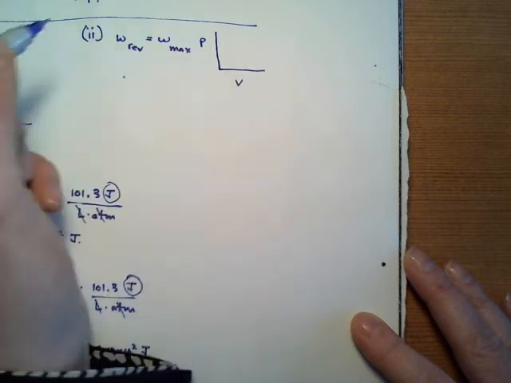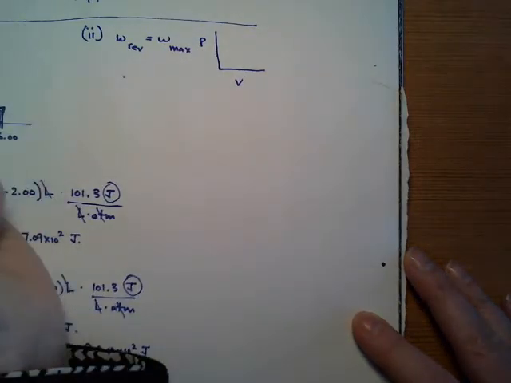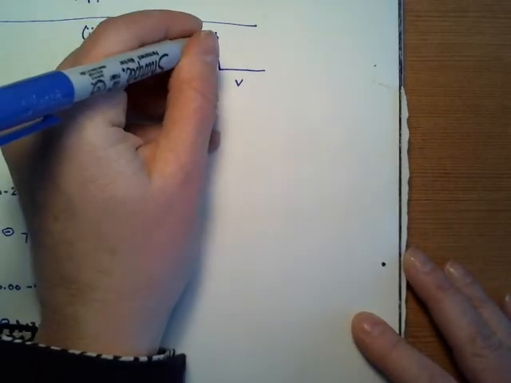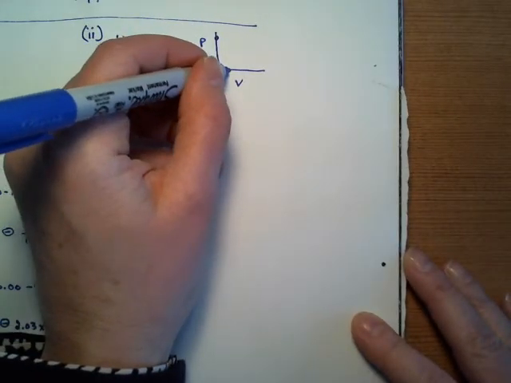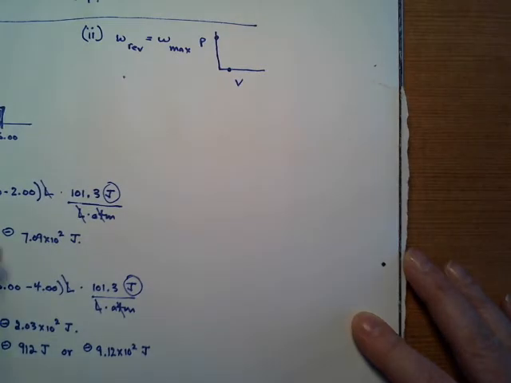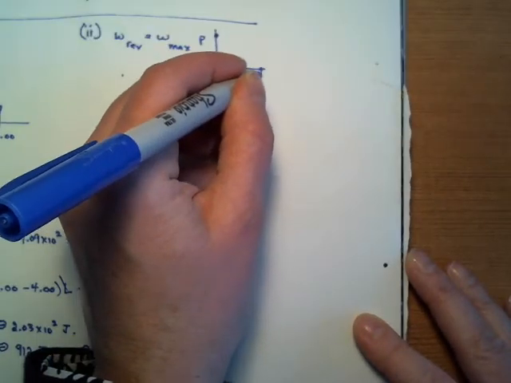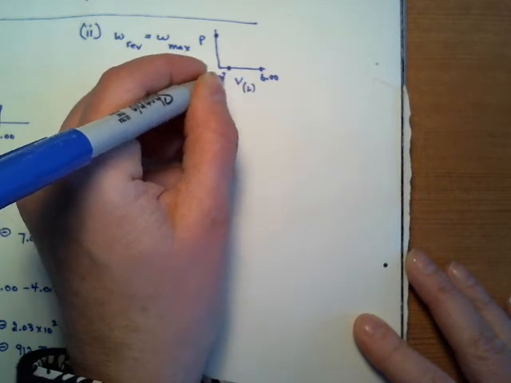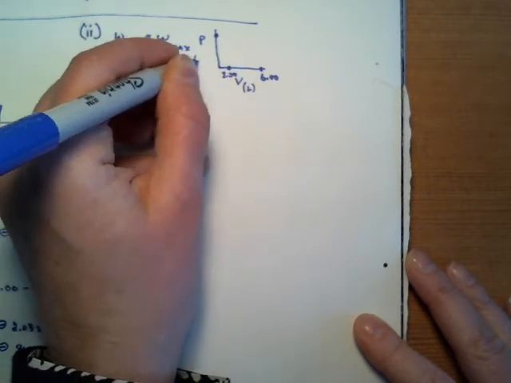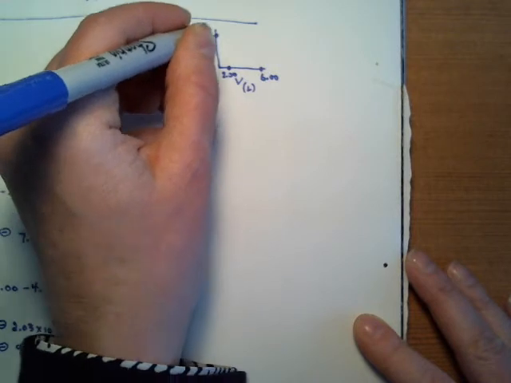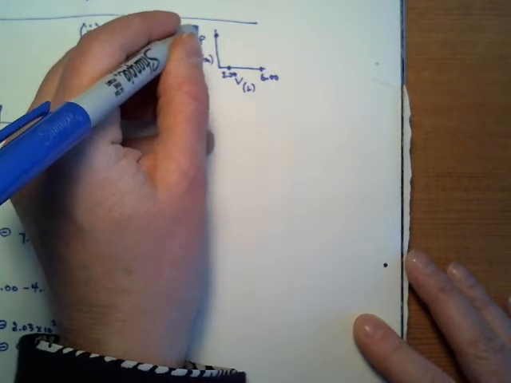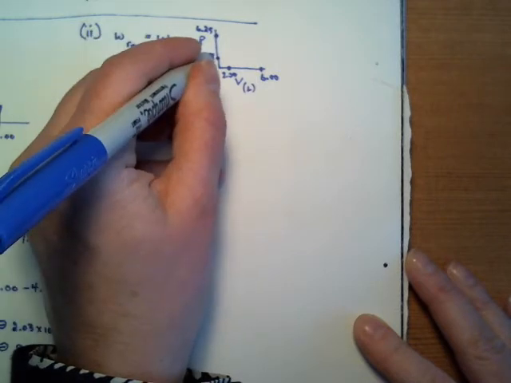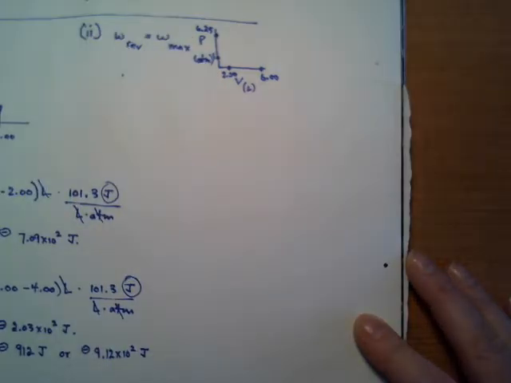pressure volume, and in this one, let's do that again. This time I'm just going to have my initial and my final. P is in atmosphere. Didn't leave enough room. 6.25 all the way down to 1.00.